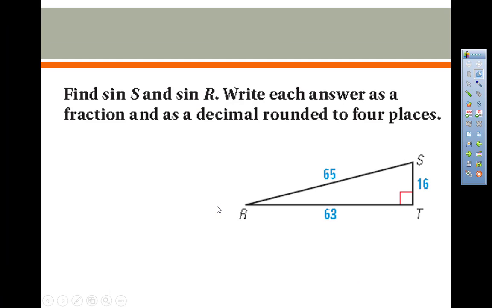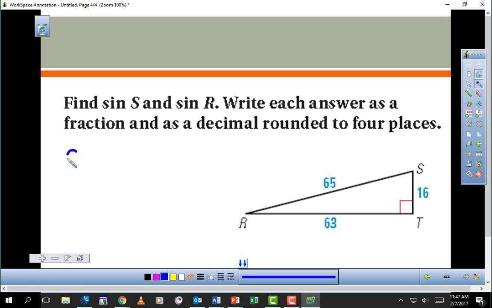So let's go ahead and, for fun, let's do the cosine also. The cosine of S would be using this angle, and it wants to use the adjacent side. This side here would be the opposite side, so we don't need this one.